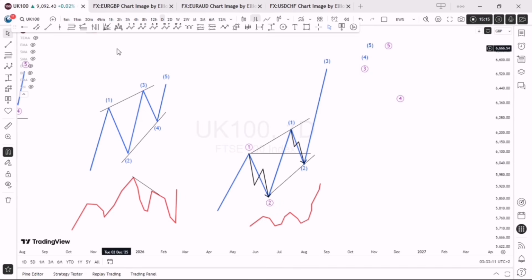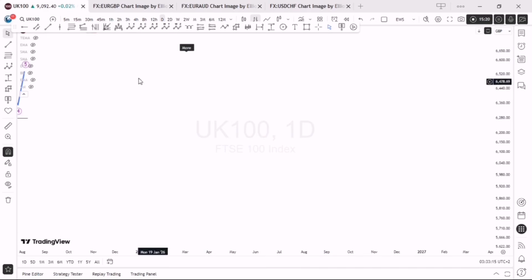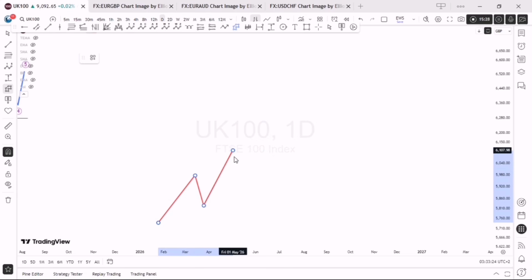So another way of actually spotting this, let me just share it with you here, is you will see this. Say you have your wave 1 here, right? And then you have your wave 3 here, you see. And then, okay, let me just push it higher here.